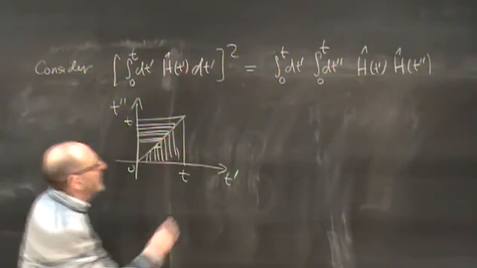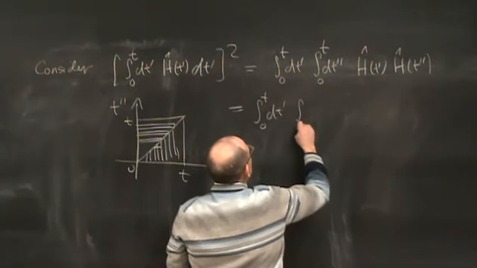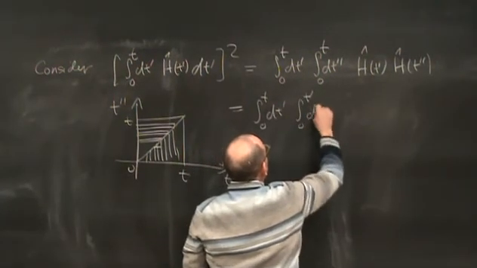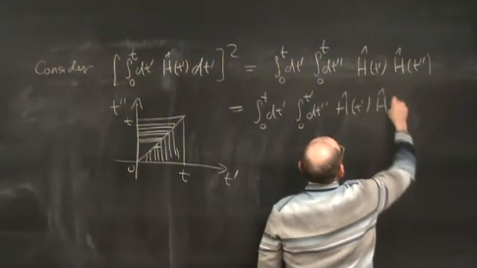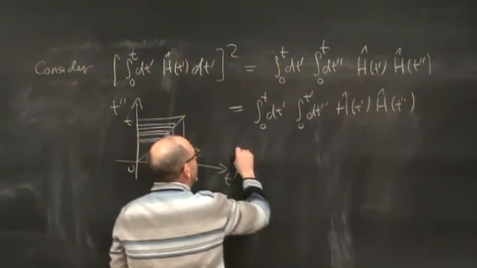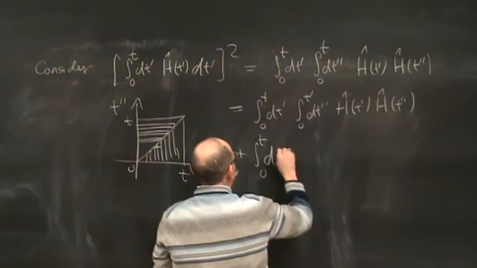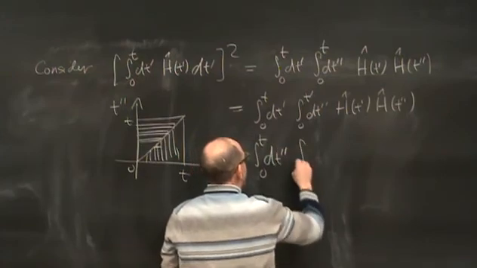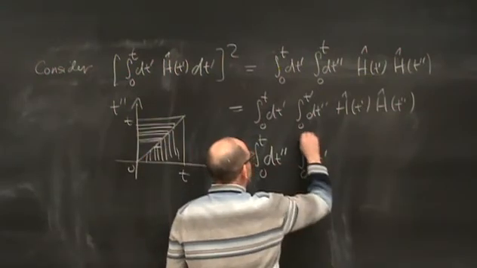Okay? So this guy is an integral on that first triangle, right? And then an integral on that guy, t prime goes from 0 to t double prime.